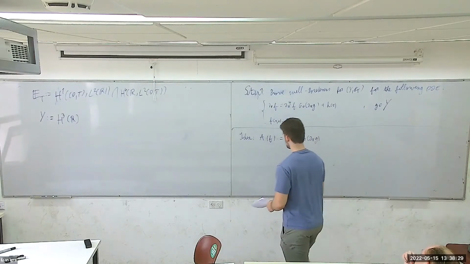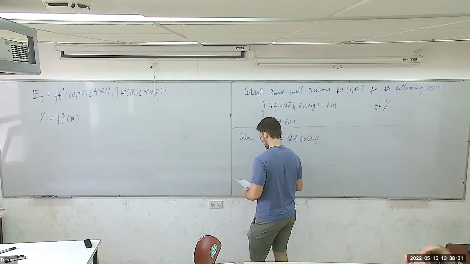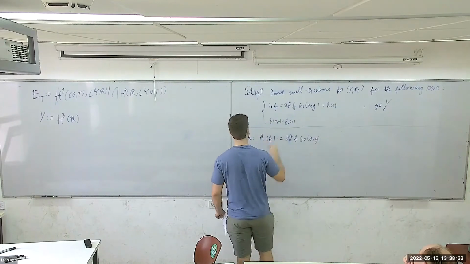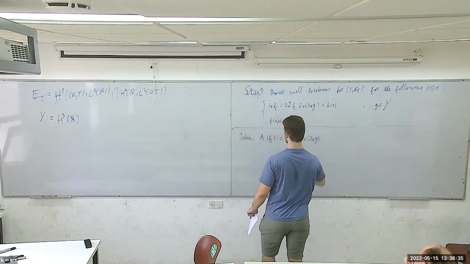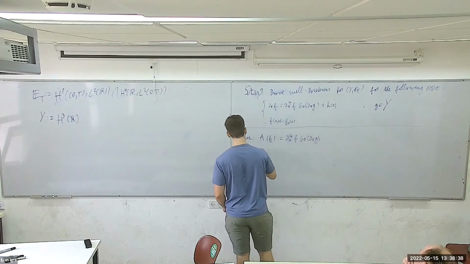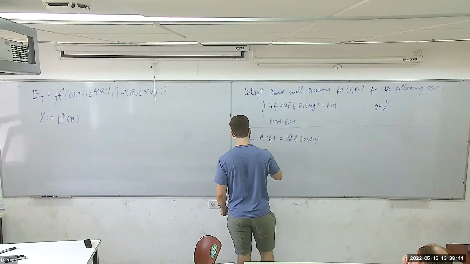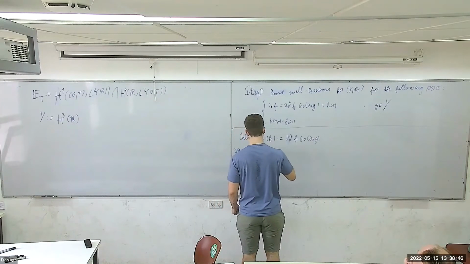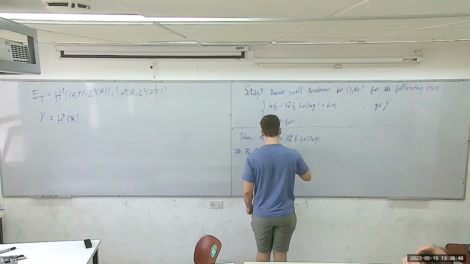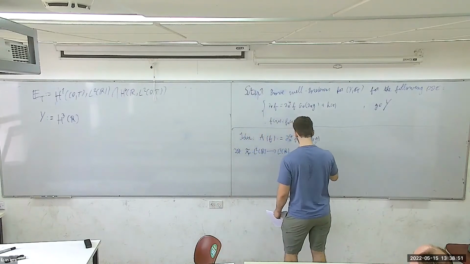Okay. So the idea is we apply the Fourier transform in space on both sides of the PDE. So let F_t from L2 of R, current time, be a Fourier transform.